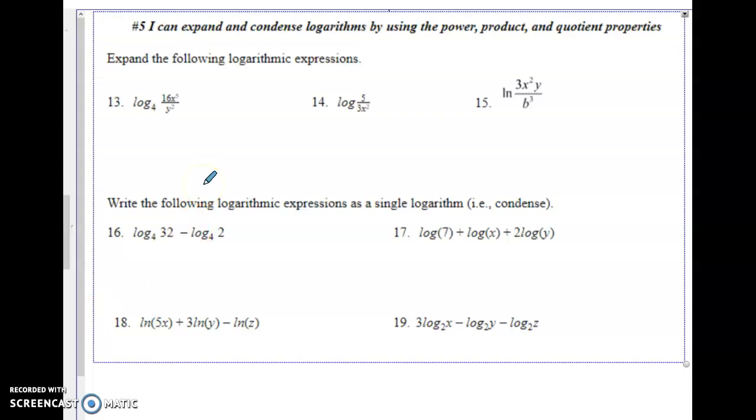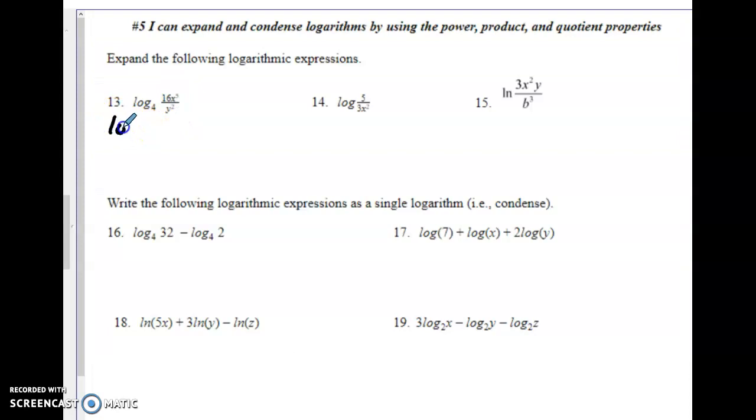Number 13, we are expanding the logarithmic expression. So we're going to use all the properties of logarithms to expand it out. And when you look right here, you notice there's a lot going on. We've got 16 times x to the 5th, and then we have this y squared being divided into it. Well, I'm going to break apart the division problem first.